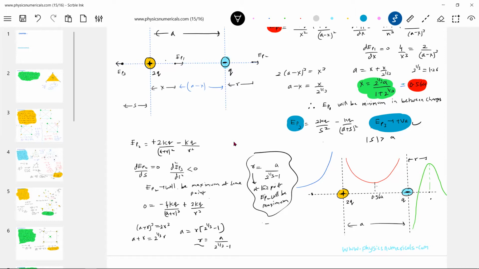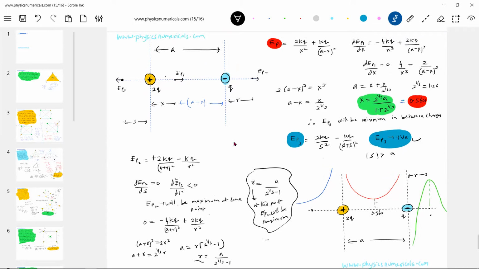So like that, if you have point charges, we can predict the field variation. Somewhere it will be 0 also. Check it. The curve should be like this.